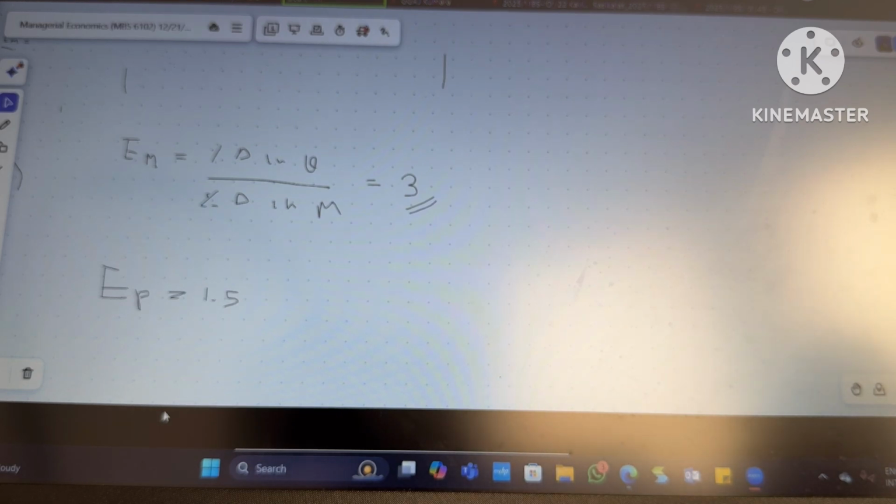Price elasticity 1.5. When income increases, quantity demanded will increase more than that. Yeah, more than that. According to this number, you have to use the number 3.